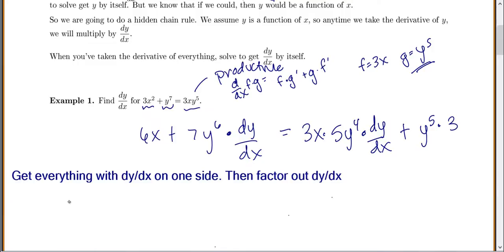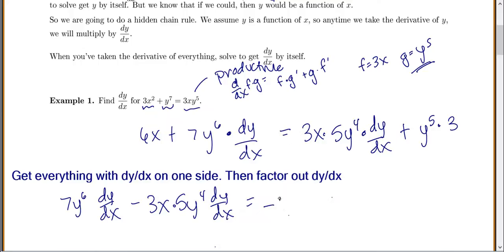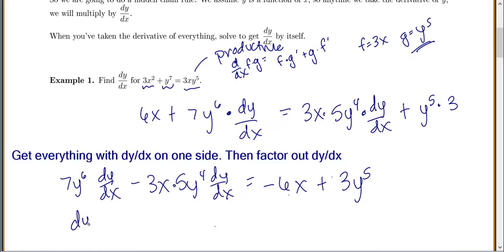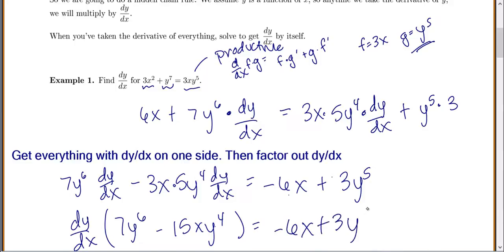So we'll have 7y to the 6th dy dx, minus this whole 3x times 5y to the 4th dy dx, equals negative 6x plus 3y to the 5th. You factor out a dy dx. So I'll have 7y to the 6th, and I'm going to simplify this to negative 15xy to the 4th, equals negative 6x plus 3y to the 5th.